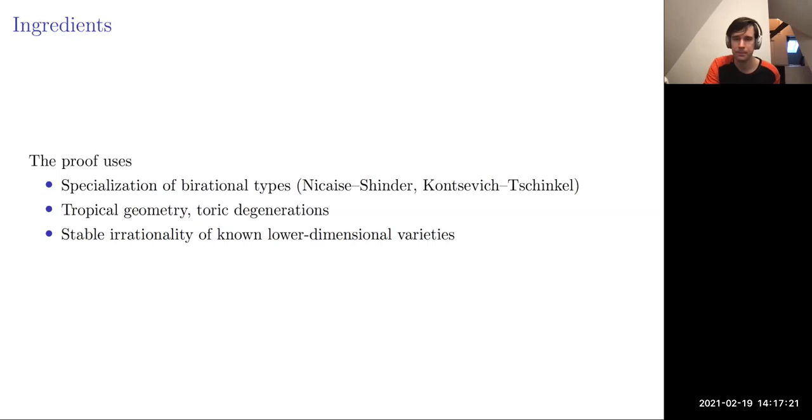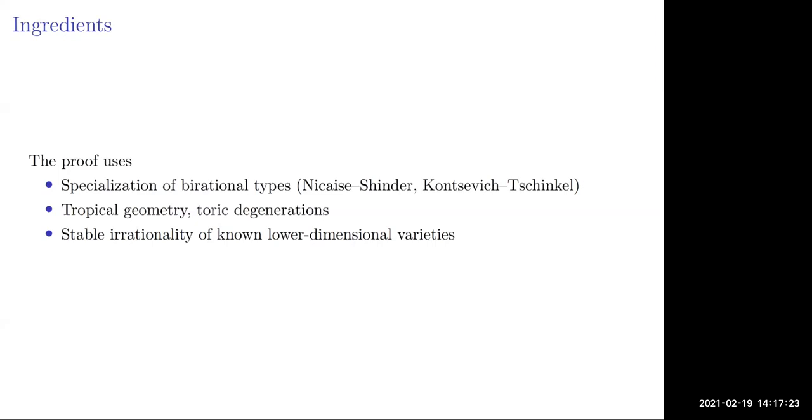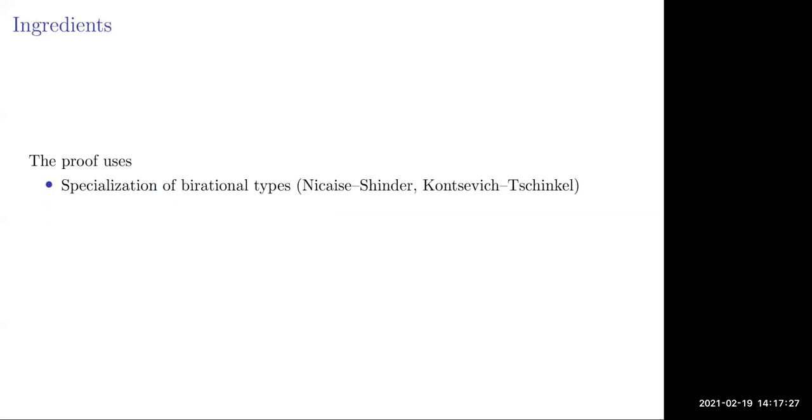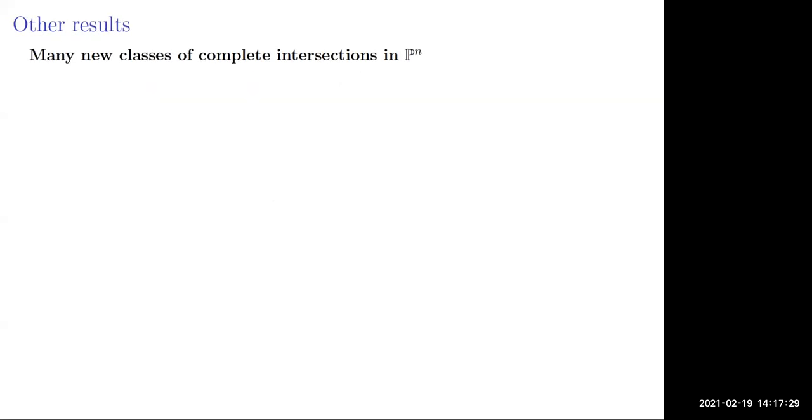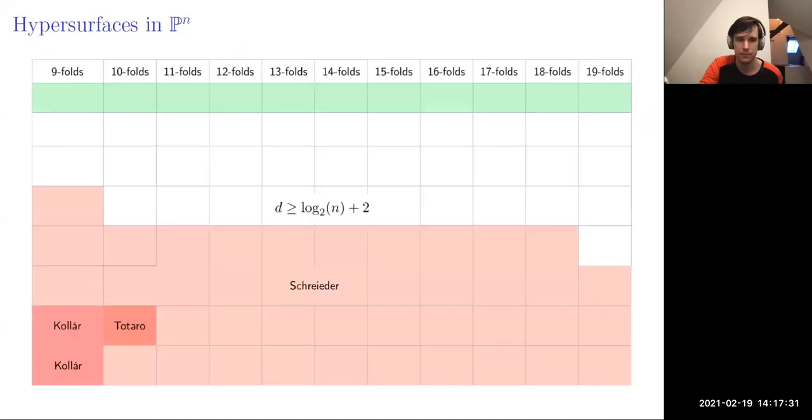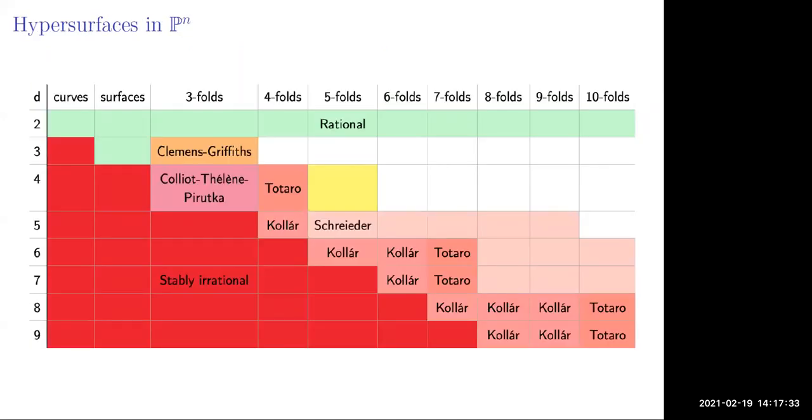John? Yeah. When you were showing us the table with stable rationality and stable irrationality, the line which divides stable irrationality and rationality is kind of increasing.